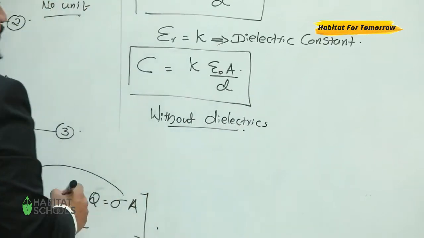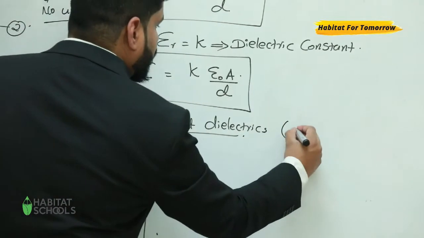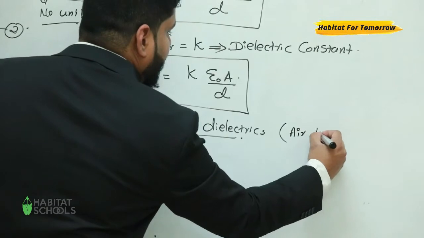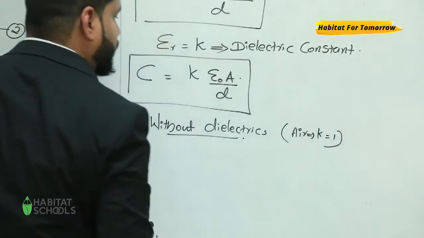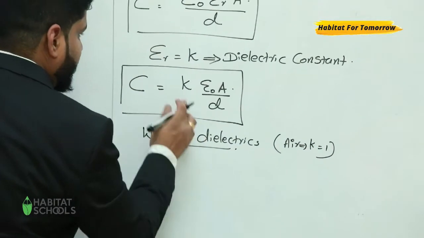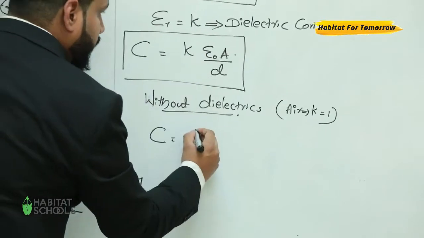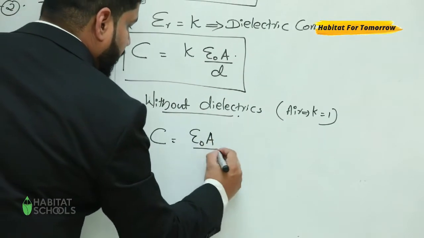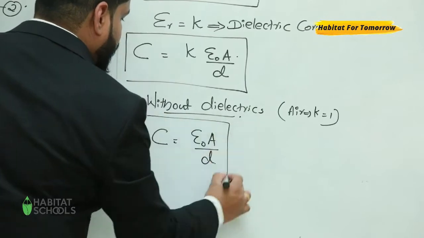Without dielectric there is air. So for air K is equal to 1. Then the mathematical expression C is equal to, instead of K you substitute 1, you will get epsilon 0 A by D. So this is C.